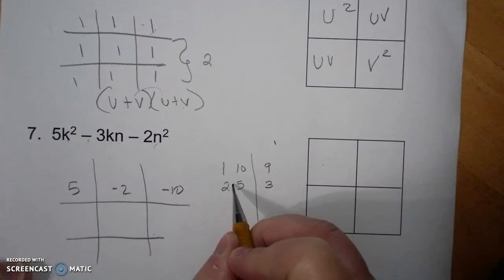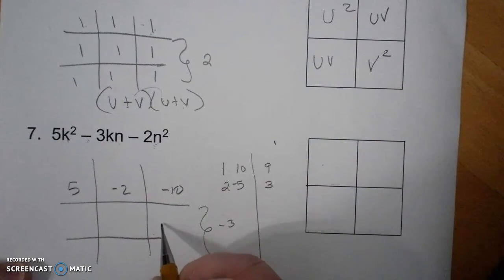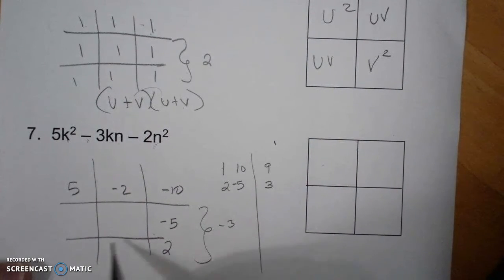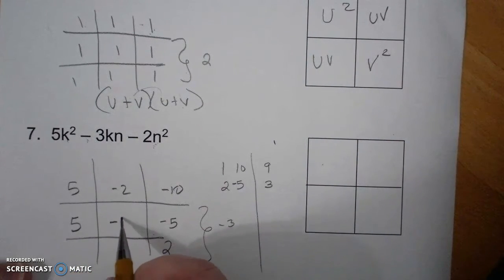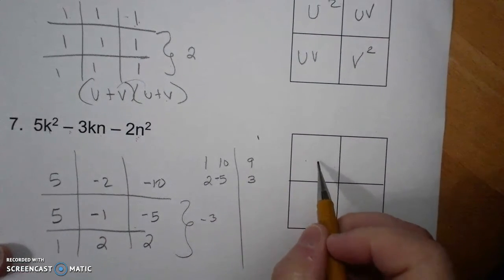In order to get the -3, it has to be a -5. So -5 and 2. In order to be a 5, -1, 1, and 2.